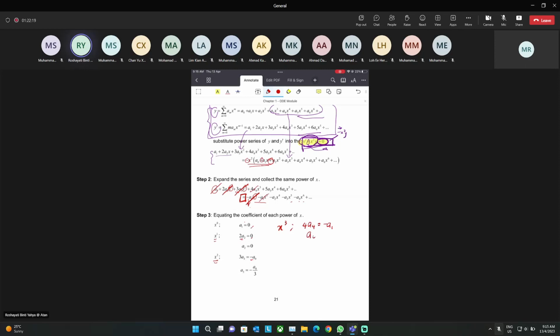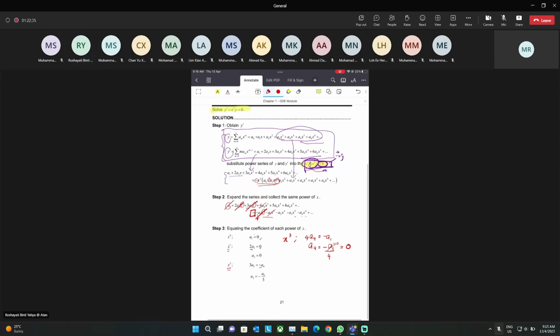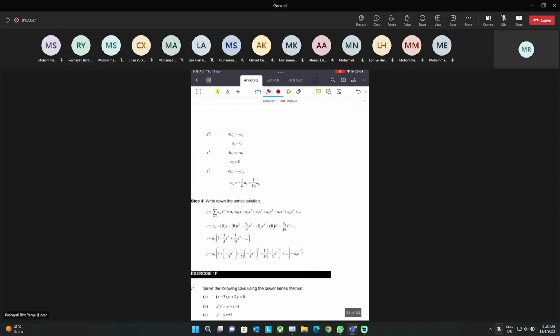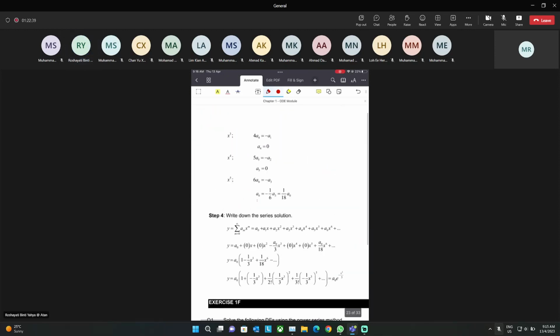So a4 equal to negative a1 over 4. So a1, do we have a1 previously? So a1 equal to 0. So a4 becomes 0. Okay. 5a5.